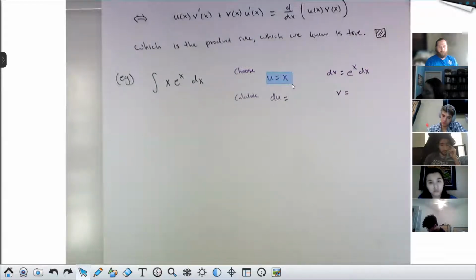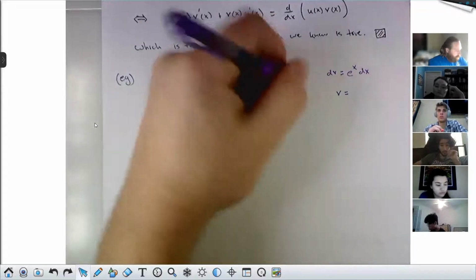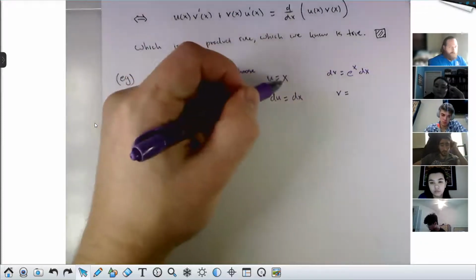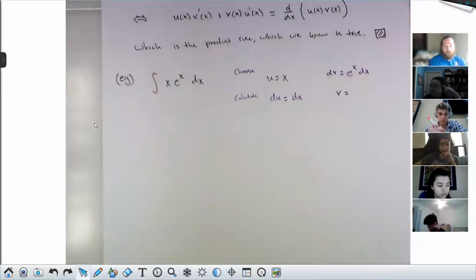So if u is equal to x, what is the differential du? Anybody? Yeah, very good. Just like with your substitutions, the calculation of a differential is the same. So King and Kim and chat are correct. Du here is just dx. The derivative of x is 1. So du dx is 1, which means du is 1 dx, or just dx.